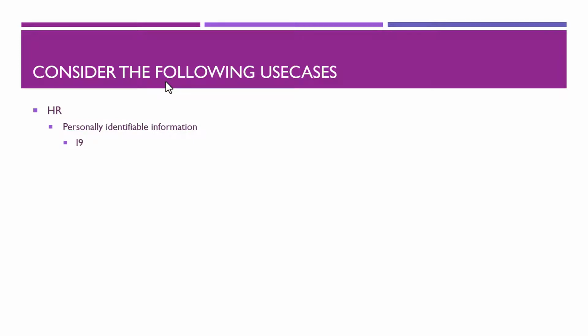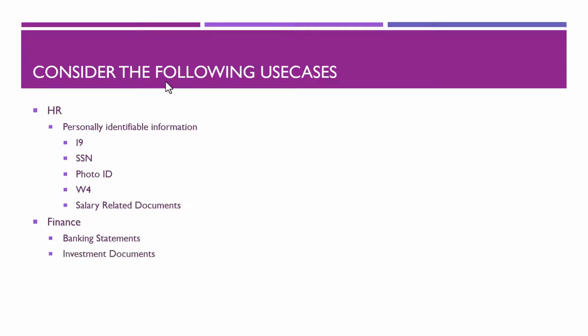This includes things like, here in the United States, I-9s, social security numbers, photo IDs, maybe W-4 or tax-related information, and of course salary-related documents are almost always part of the hiring process. Then of course you have finance, which includes things like banking statements, investment documents, and typically corporate agreements. So all of this information is highly, highly sensitive.